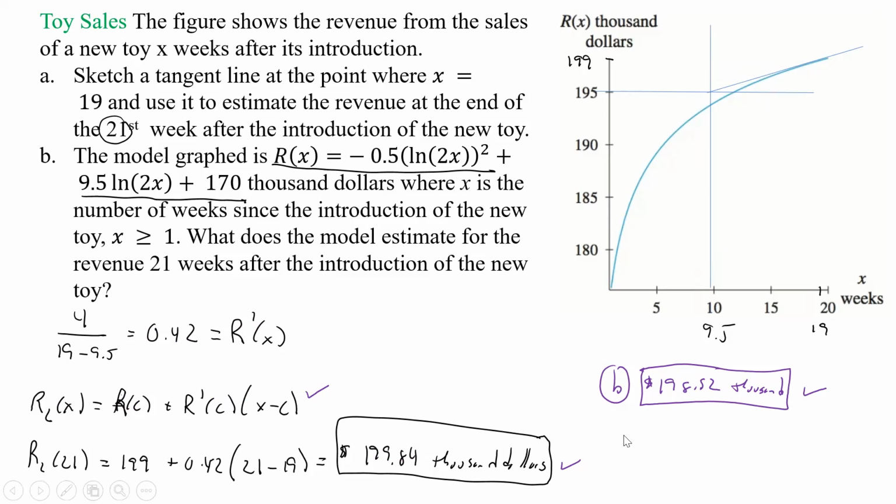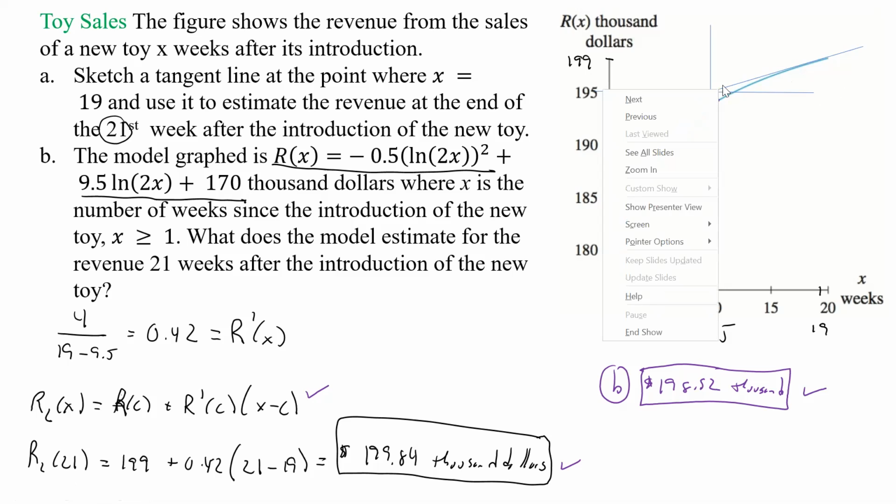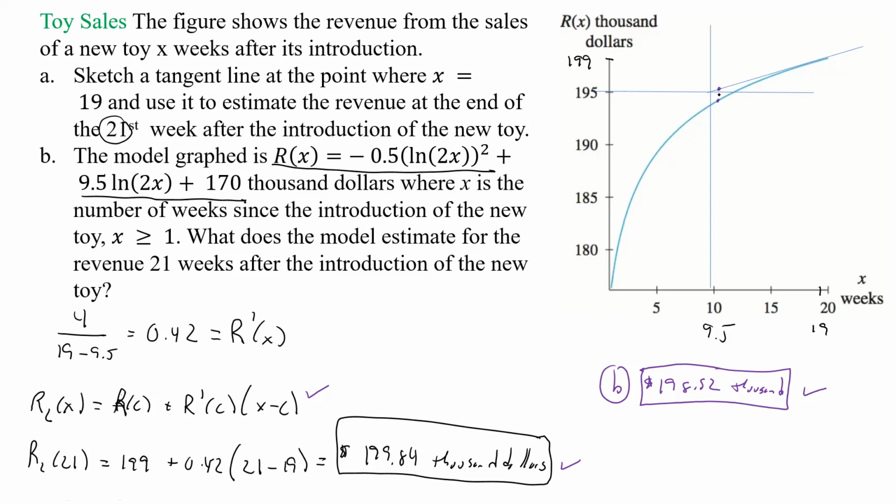A little higher, but that's to be expected, because the tangent line is going to be above the curve. We expect it to be above the actual value because it's concave down, and when you have something like that, the tangent line is above it. This is the actual point, and this is what we'd get with the linearization up here. So we're overestimating, and it will overestimate on this side as well. That's what we would expect.